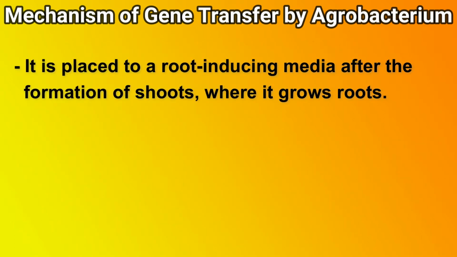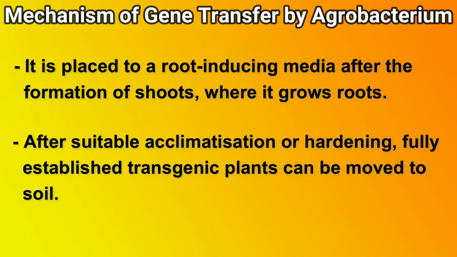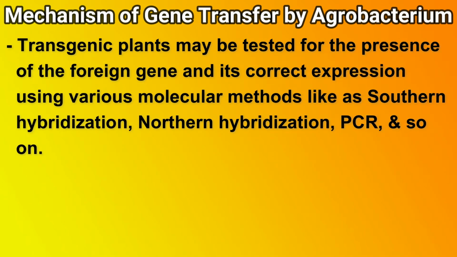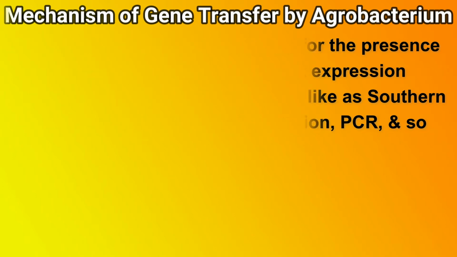It is then placed in a root-inducing medium after the formation of shoots, where it grows roots. After suitable acclimatization or hardening, fully established transgenic plants can be moved to soil. Transgenic plants may be tested for the presence of the foreign gene and its correct expression using various molecular methods such as Southern hybridization, Northern hybridization, PCR, and so on.